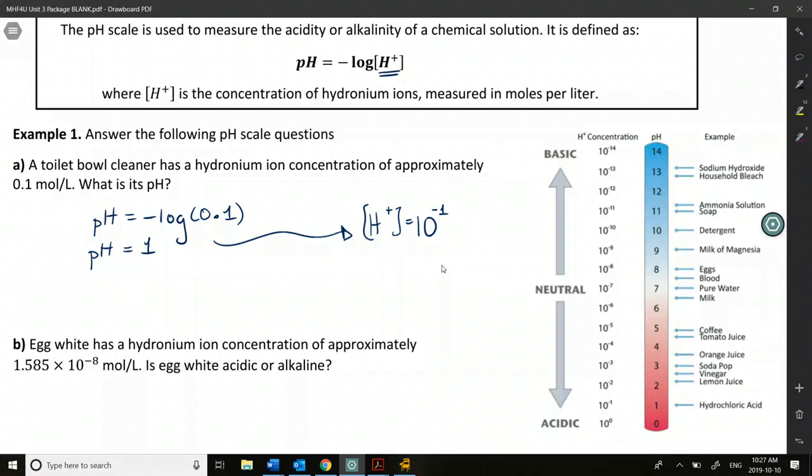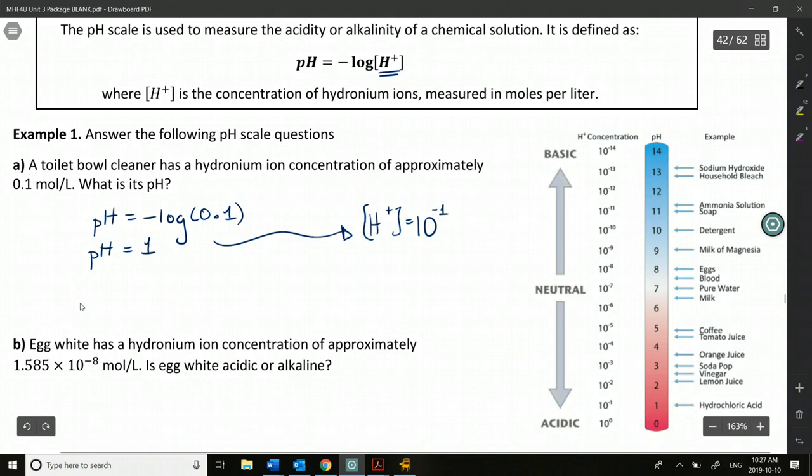So that's why the pH scale works with the common logarithm, because it's all bases of 10 when we talk about hydronium ion concentration. And this is part of the reason why logs with base 10 are called the common logarithm, because we have a lot of systems that are base 10 systems. Okay, so the pH of this solution is 1.